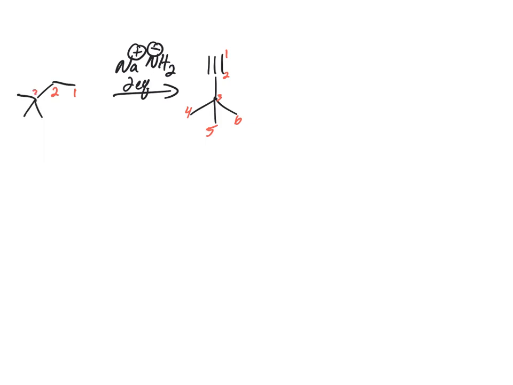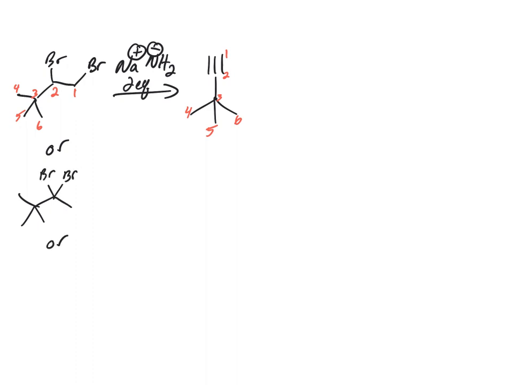We need to put leaving groups on there, right? So there's a couple ways you could do this. You could put a bromine on 2 and put a bromine on 1. That'd work. Or you could do, let's see, you could put 2 bromines on 2.